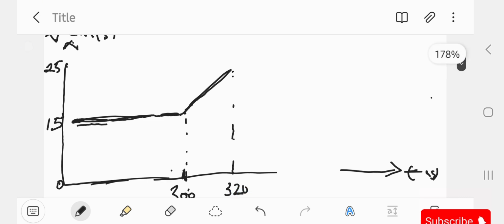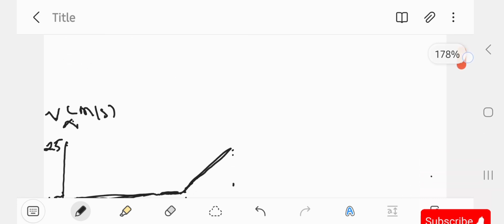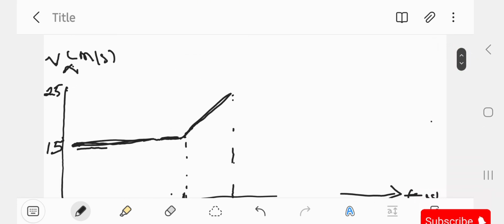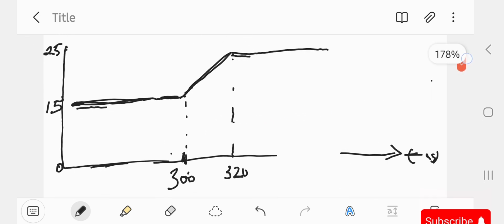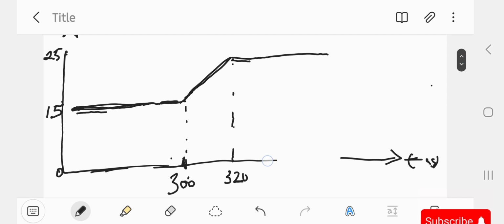We move forward. I'm reading the question from my book. Then we go: this speed is maintained for 300 seconds. So there's a maintenance of the speed for 300 seconds. Let's say that from here to here is the 300 seconds again that the speed was maintained. Now, of course, we're not going to write 300 seconds here.